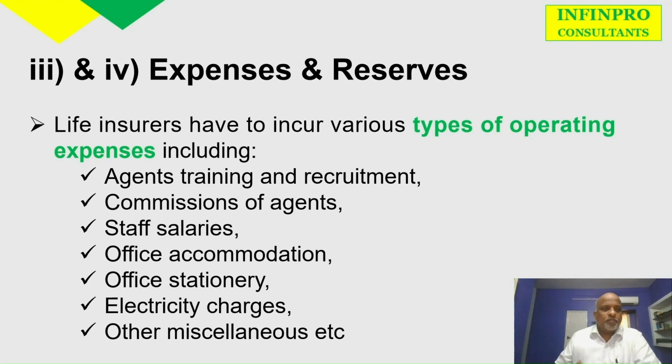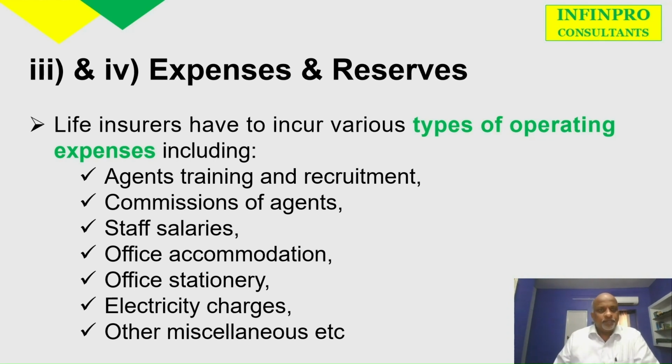Both come under operating expenses, so let's deal with both together. What are all the operating expenses a life insurance company will have to incur? For instance, agent training and recruitment, and commission given to agents for the business sourced. We will have employees working in a life insurance company, so their salaries will come under operating expenses.